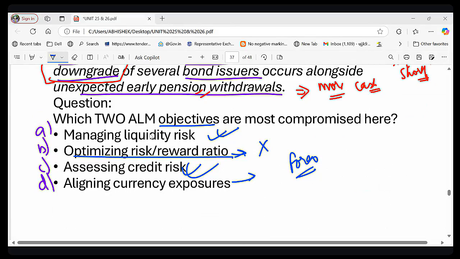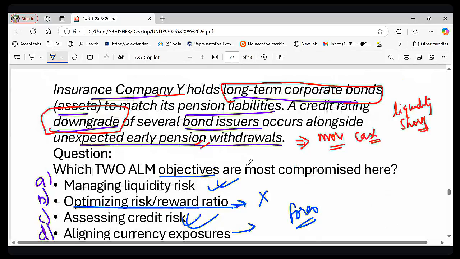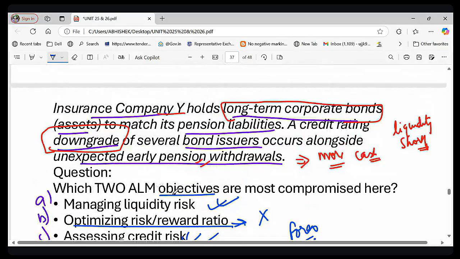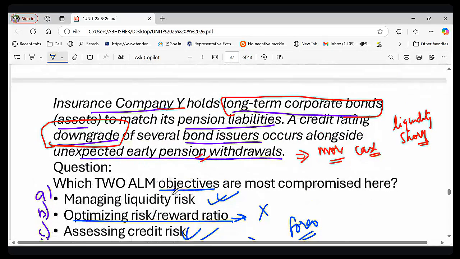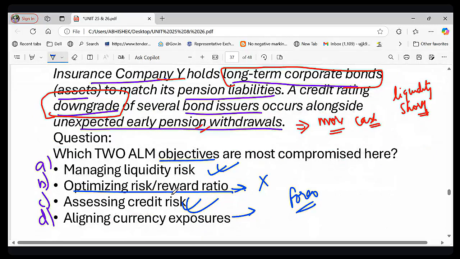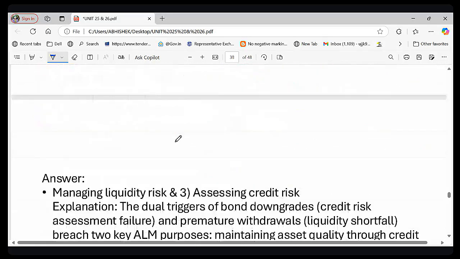In this case, the company struggled to meet sudden withdrawals due to long-term asset holding, and the bond downgrade reduced asset quality and increased the risk of default. So this question helps you understand the two ALM objectives.